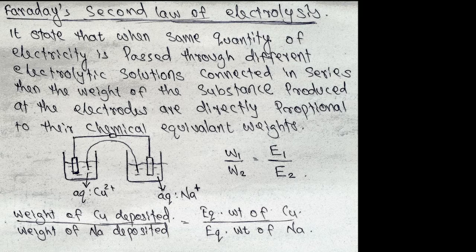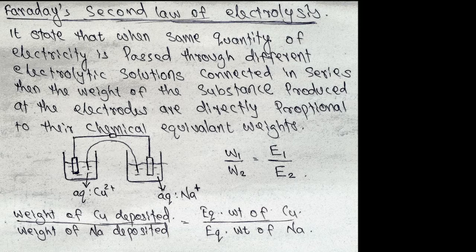W1 is the mass of copper deposited at the electrode in the first container, Cu2+, divided by W2, the mass of sodium deposited at the electrode. It equals E1 divided by E2.